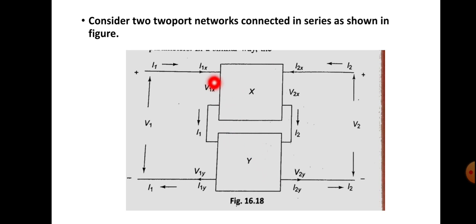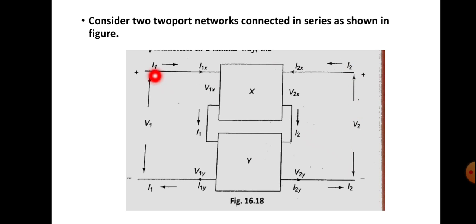Next, we can mark the voltages. For the X network the voltage is V1X, here the voltage is V2X. Now the voltage is V1Y here and this is the voltage V2Y here. And here the input voltage after the interconnection is marked as V1 and here the voltage is marked as V2.